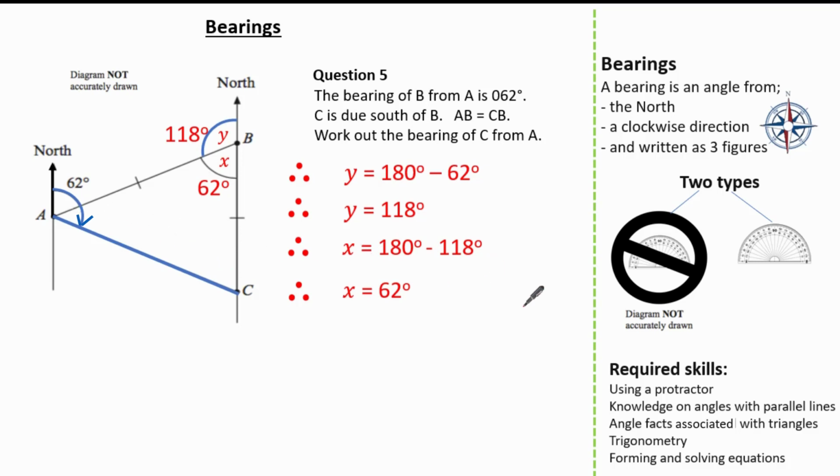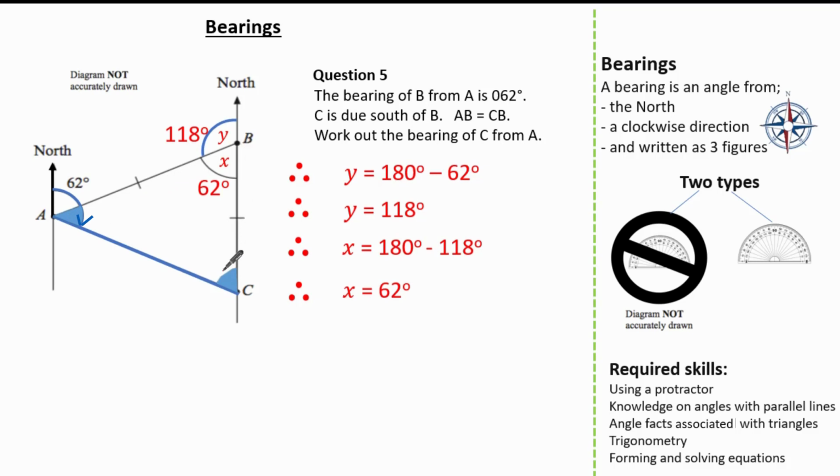Now let's apply our angle facts associated with triangles. Well, we know we have an isosceles triangle, and we know the base angles of this isosceles triangle are the same. So therefore, angle BAC will be the same as BCA.